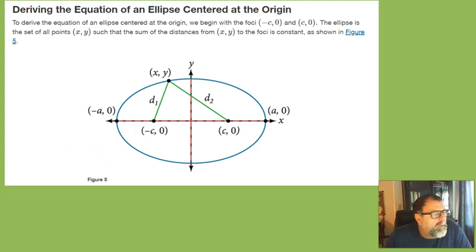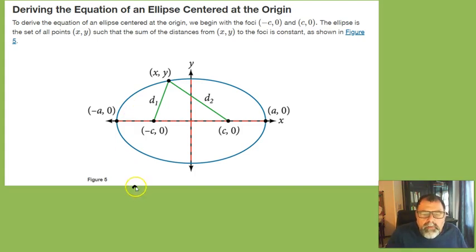So I encourage you to read it in the text. I'm not going to go through it line by line. Hopefully it's pretty clear. You should look at it and try to understand each step. But then we just jump basically to the last line and we get something like this.